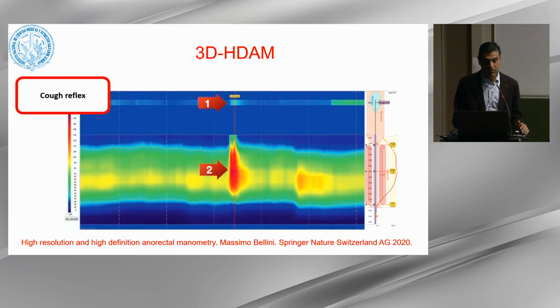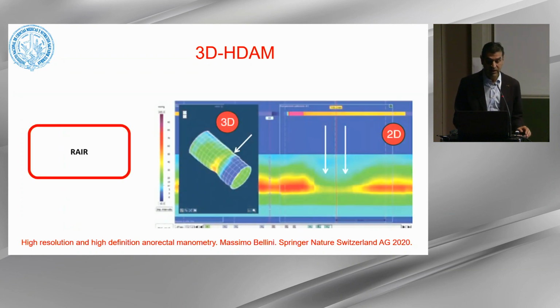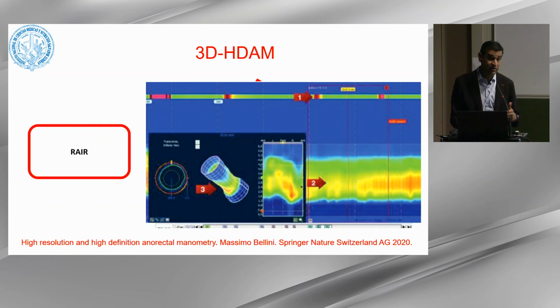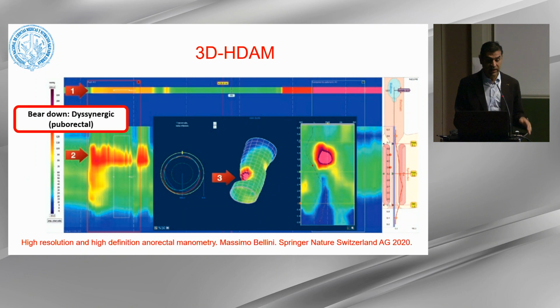So also we can do the Valsalva maneuver and see how is this cough reflex, and we can assess the rectoanal inhibitory reflex when it's in a good manner or where it's lacking a response, which is anorectal areflexia. And also we can categorize this pushing maneuver, and we can see if there is dyssynergia. And also, more interesting is that we can see which part of the anal canal is doing the paradoxical contraction in this case.